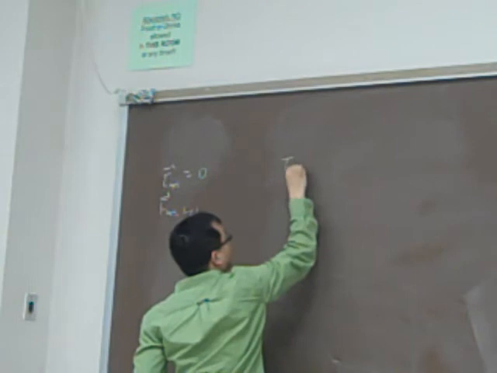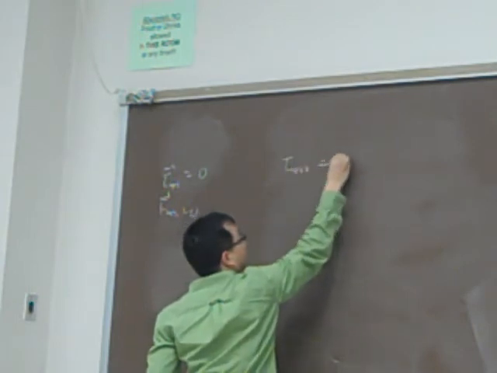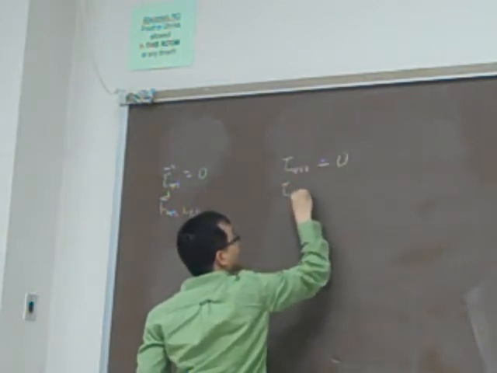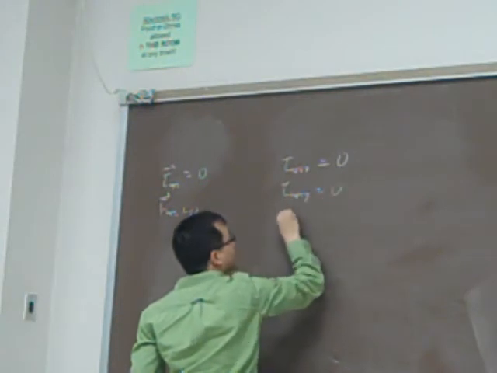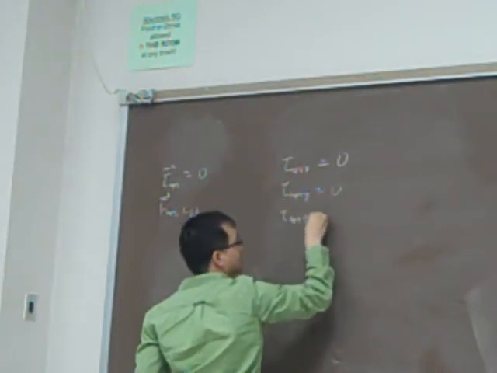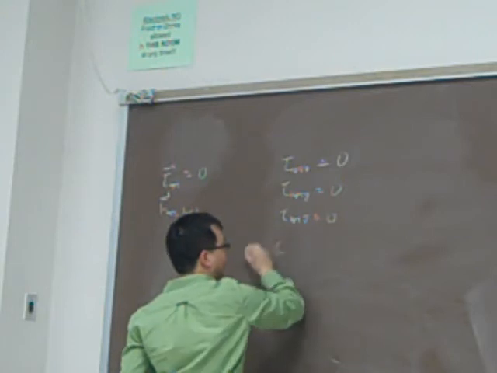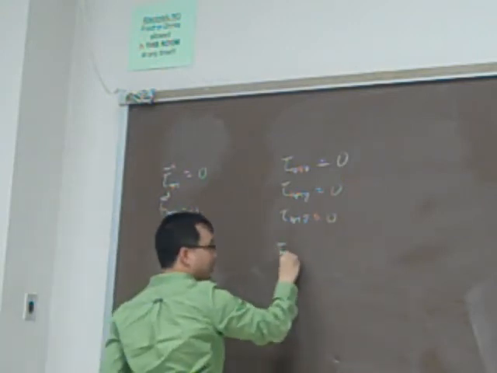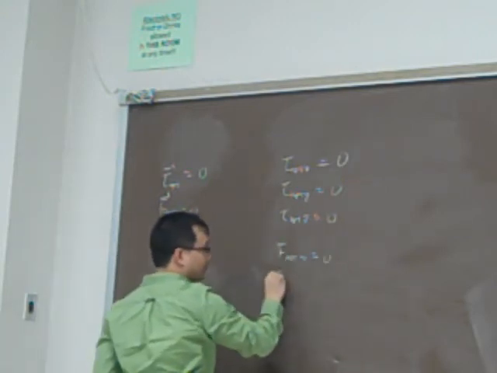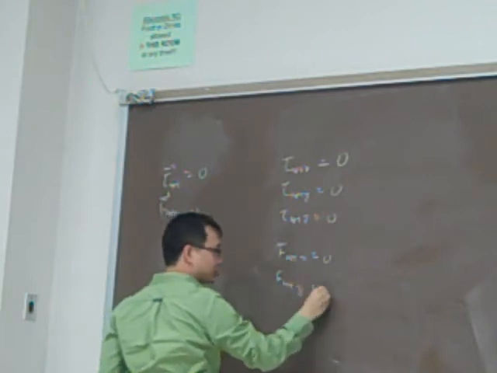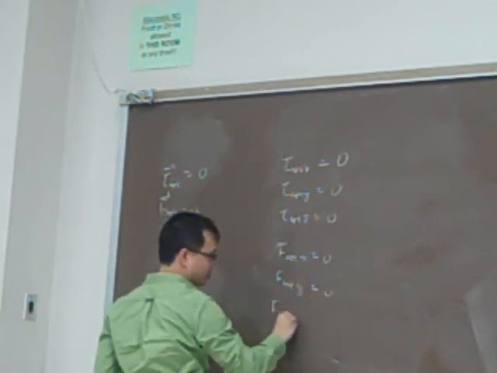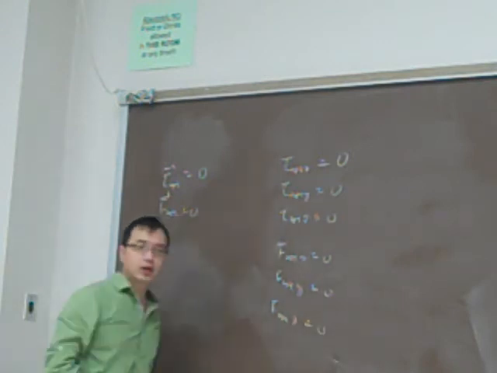The first set will be tau net x equals 0, tau net y equals 0, tau net z equals 0. And then the force set with F net x equals 0, F net y equals 0, F net z equals 0.